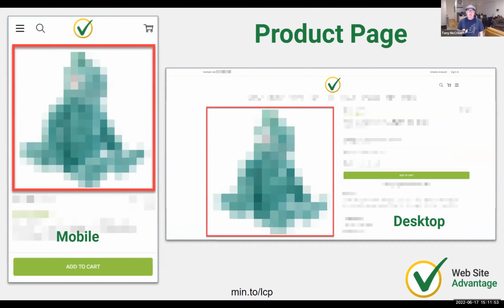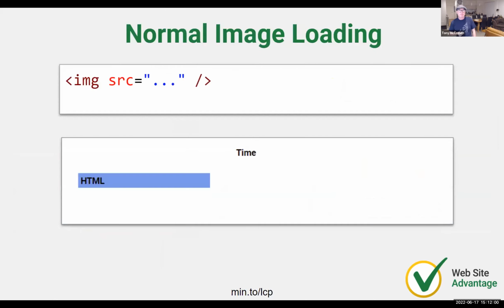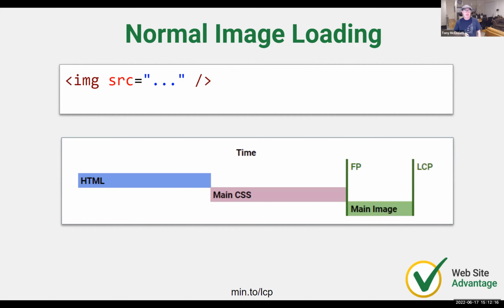Now that we know which images are used to calculate LCP, how do we make sure these images load as fast as possible? Normally, images start to load after the browser has loaded critical CSS files. Once the browser has the HTML, it makes requests for the CSS files it contains. Once the CSS is loaded, it starts to load the images.